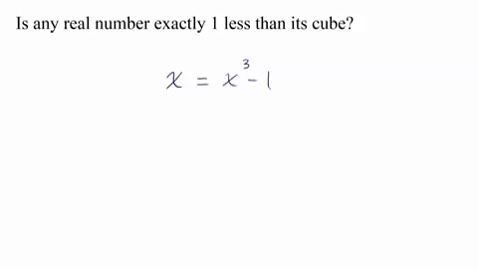Again, we're trying to find, is there a real number x such that x is equal to x cubed minus 1. Setting this equal to 0, we get the equation x cubed minus x minus 1 is equal to 0. So we want to know, is there any value of x that would cause the second equation to equal 0?